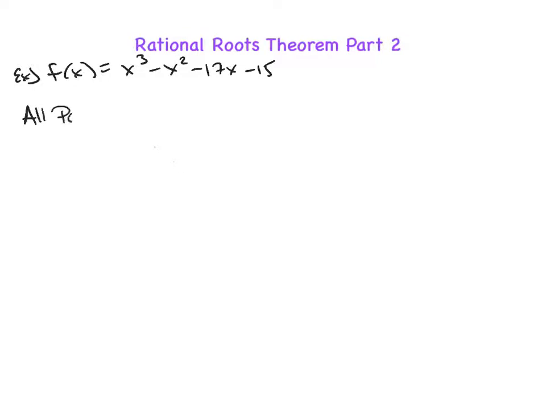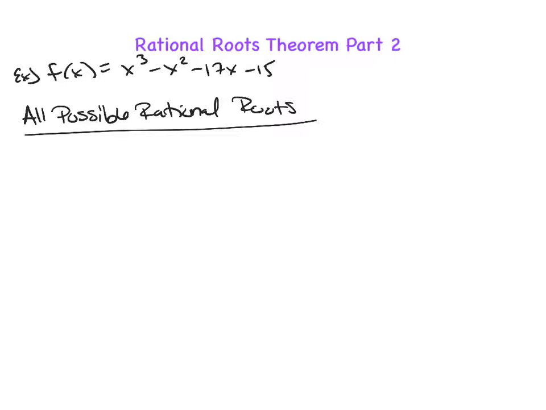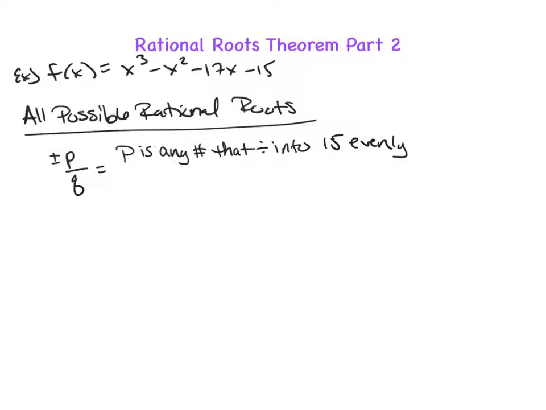All of the possible rational roots have the same format. They are positive or negative p over q, where p is any number that divides into 15 evenly.